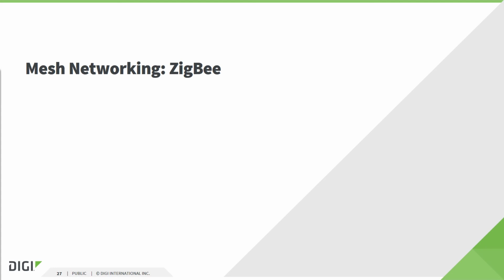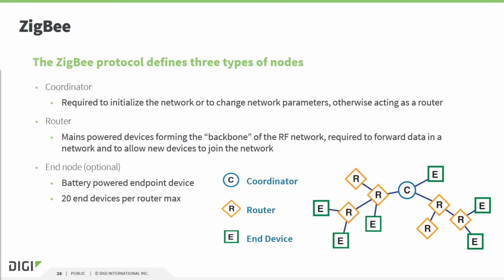Let's have a look at ZigBee, which is one of the mesh network options that Digi can offer. In ZigBee, you can have three types of nodes. The coordinator is the only node which can create a network, and once the network is created, the coordinator can also change on the fly one of the important parameters, and once this is done, the coordinator will behave as a standard router.